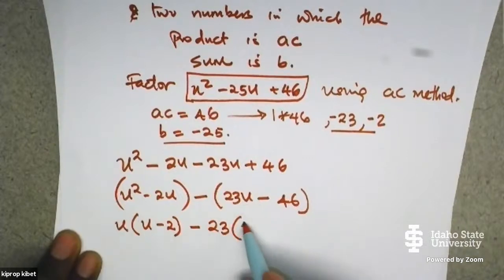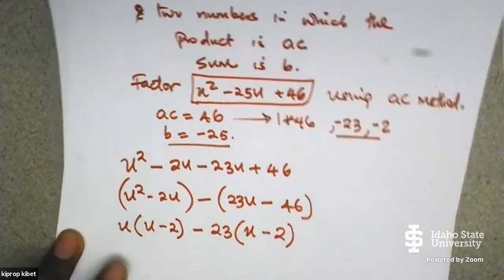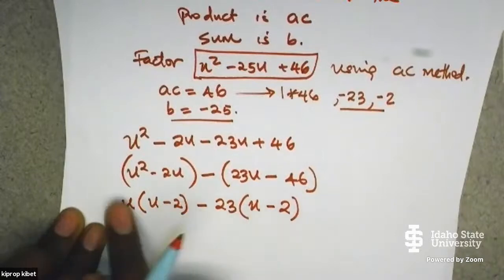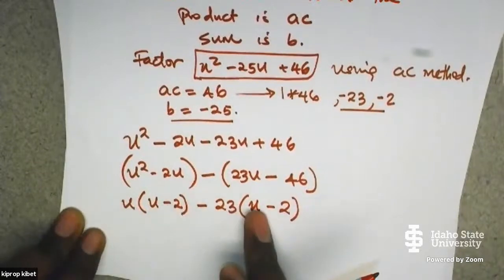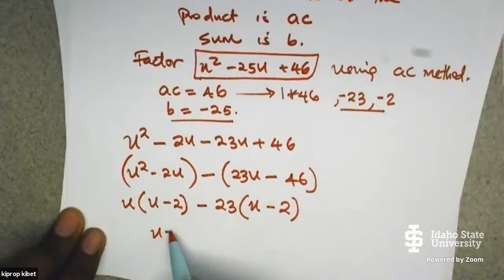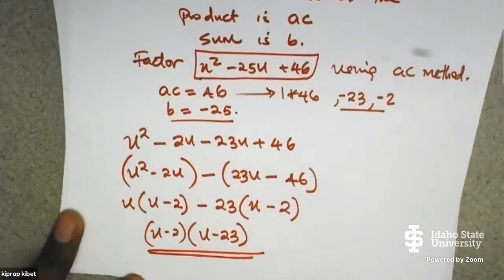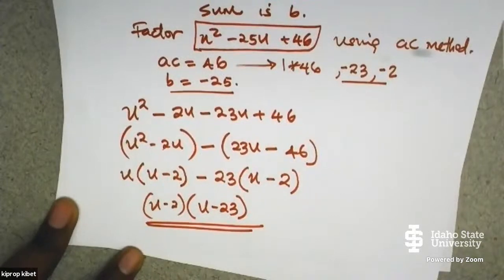What remains is u minus 2. Now, the greatest common factor here again is u minus 2, and then what remains is u minus 23. Are we together?